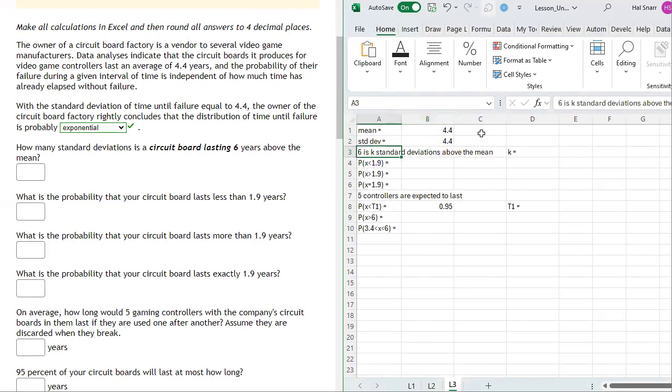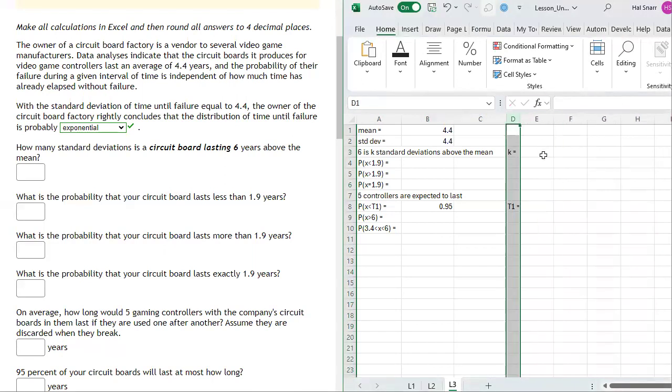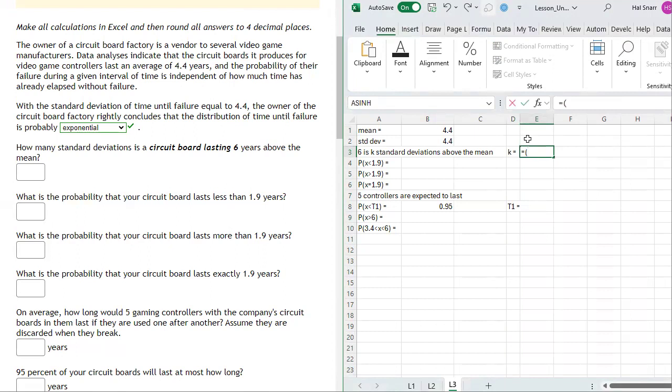And 6 is blank standard deviations above the mean. Okay, so what we're asking for here is the z-score. And the z-score, if you remember, is the value 6.